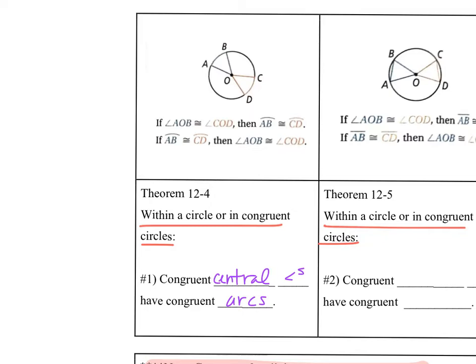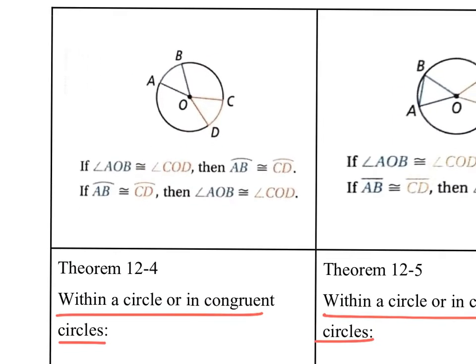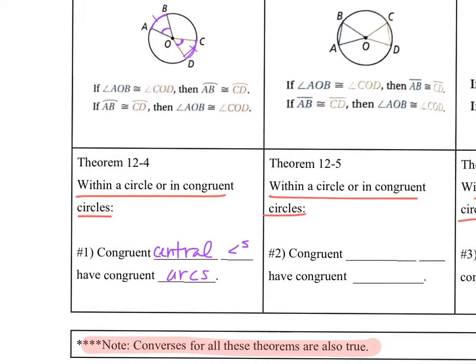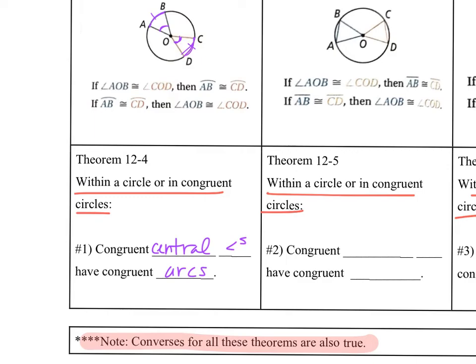Okay, so what we're saying is that these 2 central angles being congruent, if they use the center as their vertex, that is called a central angle, then those arcs associated with them, arc AB and arc CD, would also be congruent. So congruent central angles will have congruent arcs, is the first one.